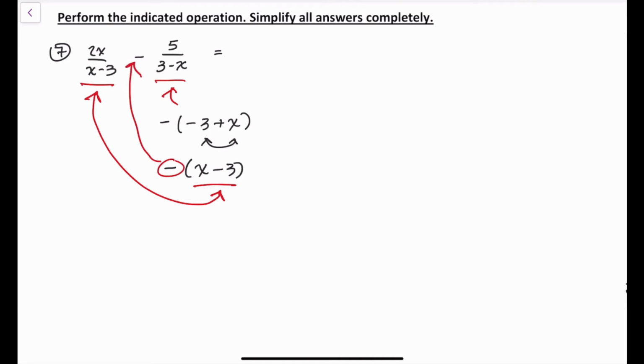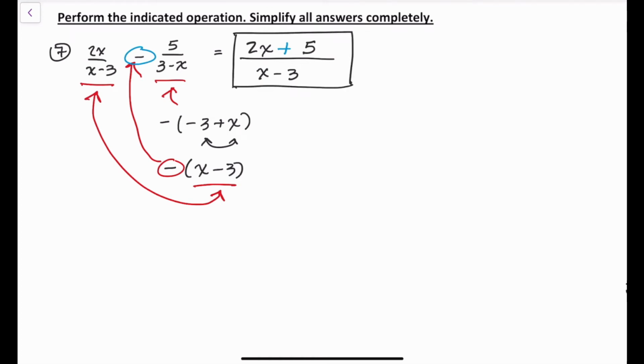So what happens there is that I can write x minus 3 in the denominator, and I'm going to have a negative minus a negative, which will be a positive, so 2x plus 5. So you're almost guaranteed to have one of those types of problems on your test. So you really need to know how to do that, and they're really easy once you have practiced it enough.